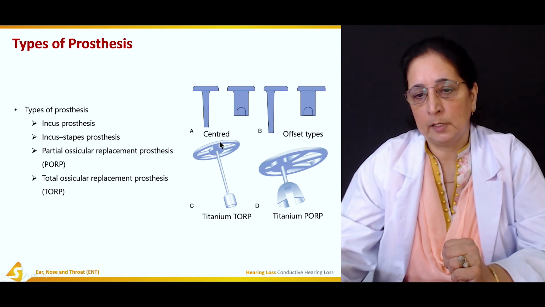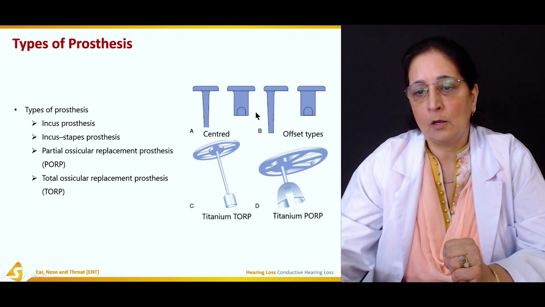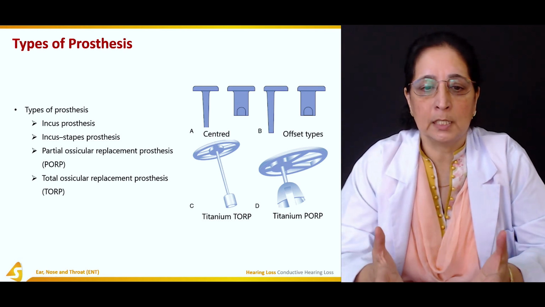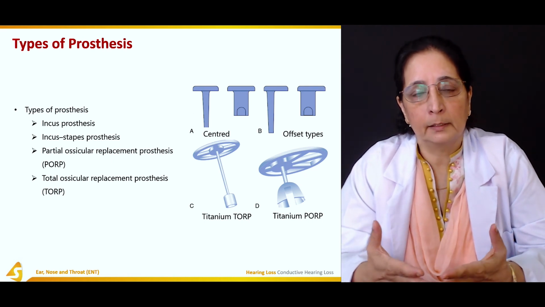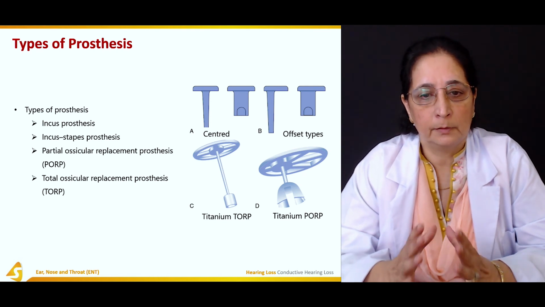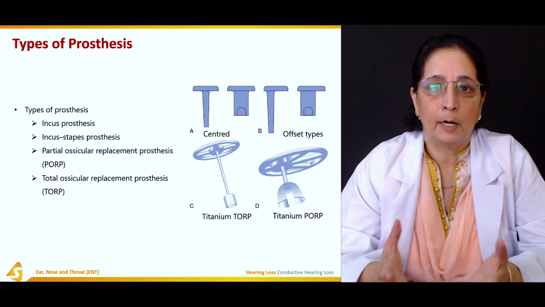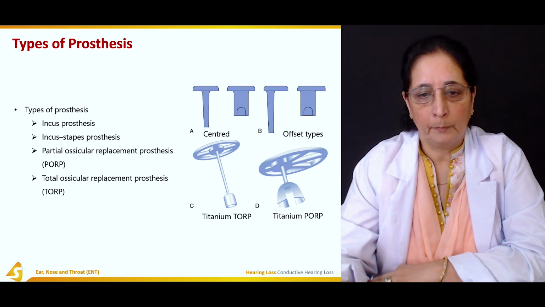So this is for total replacement, and this is partial replacement, centered and offset types. These are the different types of prostheses available for repair or reconstruction.